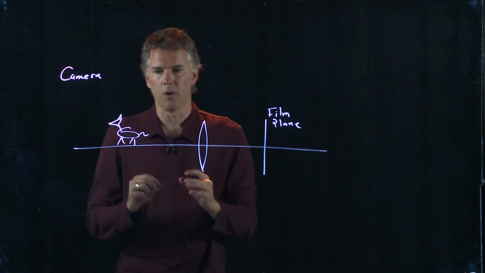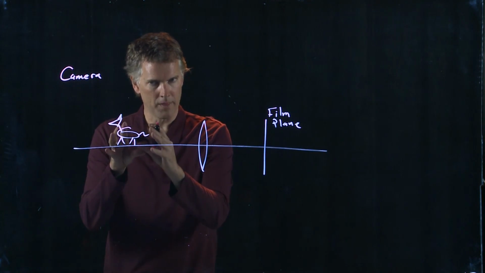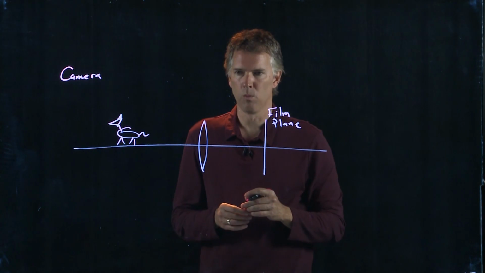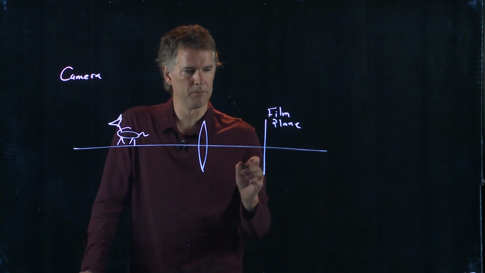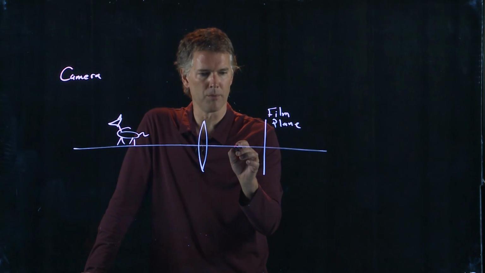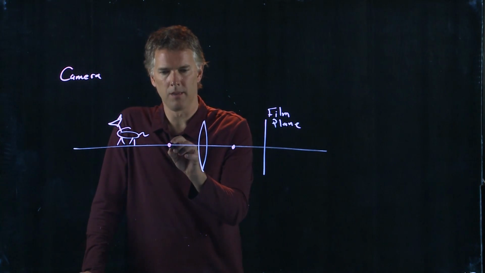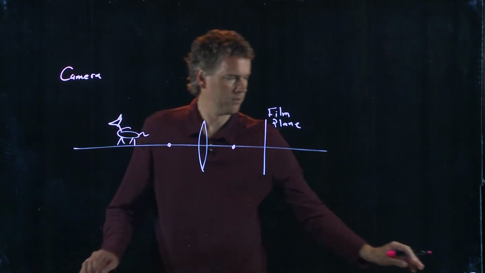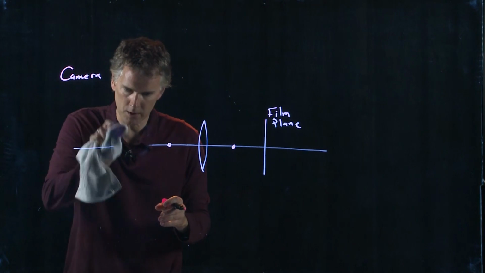All right, so if I think about the rays coming off the dog when that dog is close, how do I figure out where those rays are going to end up? Well, let's draw some focal points. Let's say there is a focal point here and a focal point there. And now this is just like our good old object. So we're going to erase the dog and just draw an arrow like we usually have.